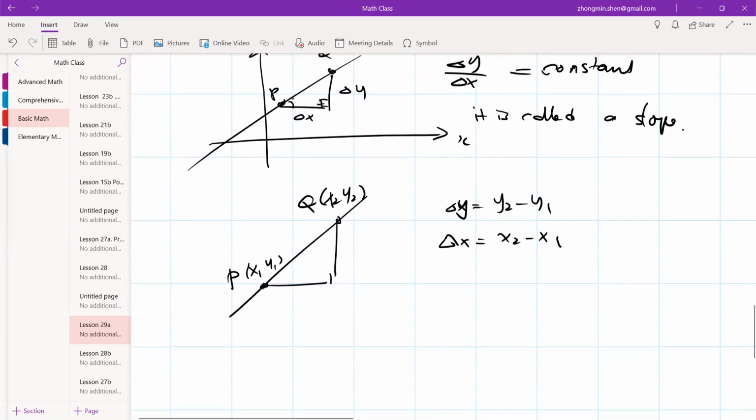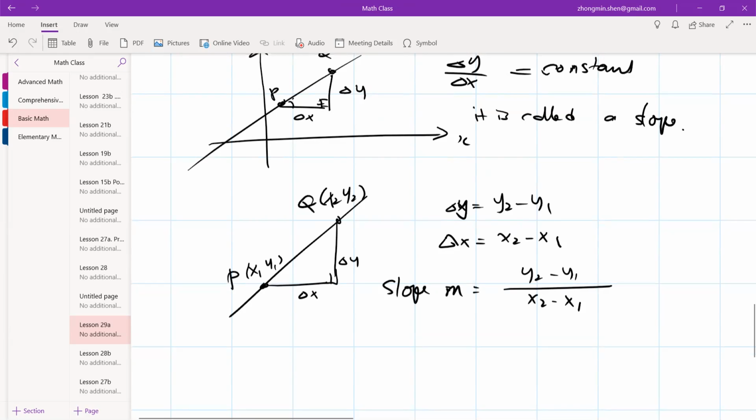So the ratio, which we call the slope, is the ratio of these differences. And it really doesn't matter how far apart the 2 points P and Q are.